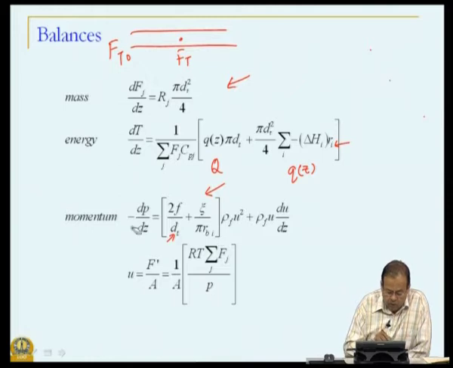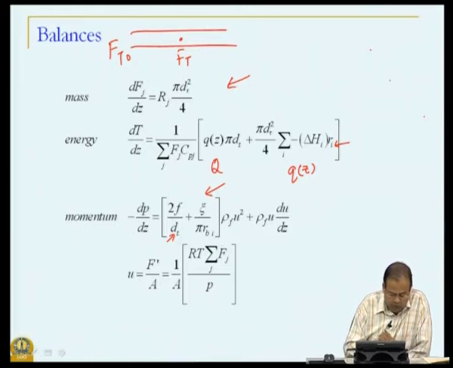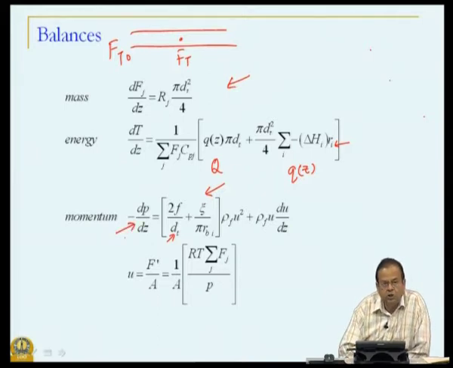Now, how? You look at this pressure balance or the momentum balance, where this term tells us how pressure is changing along the length of the reactor, and this has velocity term and density term and so on. Now, what is the velocity?